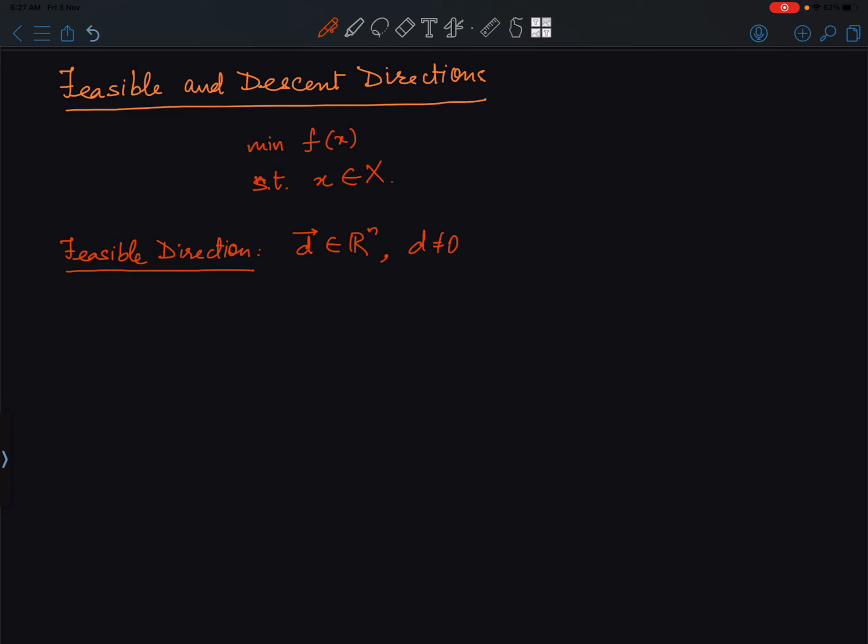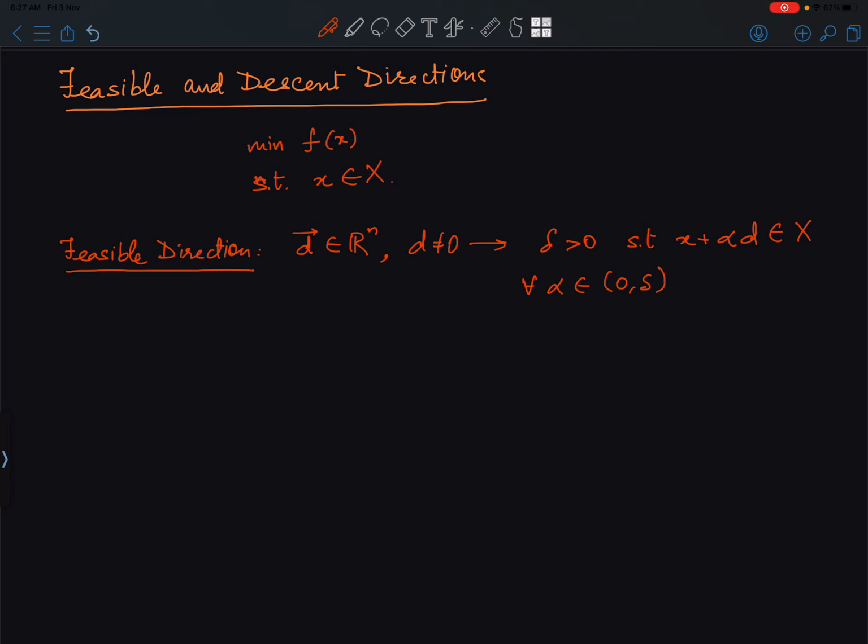Then it is said to be a feasible direction if there exists a delta greater than 0 such that x plus alpha d also belongs to capital X for all alpha belongs to 0 to delta. Okay, so this basically means what?